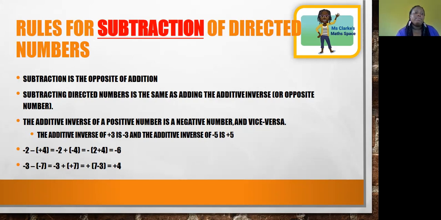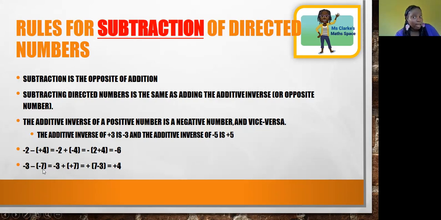Next example, we have negative 3 take away negative 7. So we want to change the negative sign to a plus sign, and now find the additive inverse of take away 7, or negative 7.